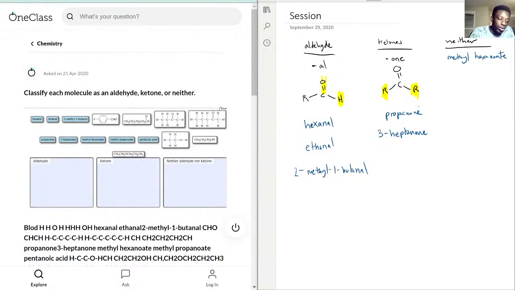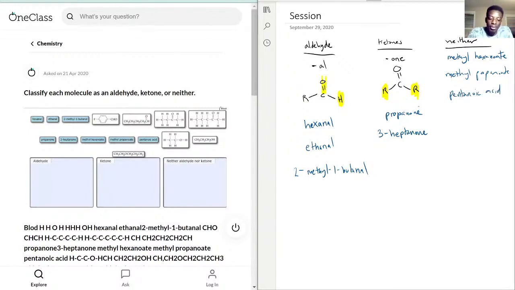Fun fact, when it ends with an OATE, that's actually an ester, so definitely doesn't fit with an aldehyde or a ketone. And methyl propanoate, same thing. Okay, and pentanoic acid, it says it right there in its name, it's actually a carboxylic acid, so it's neither as well.